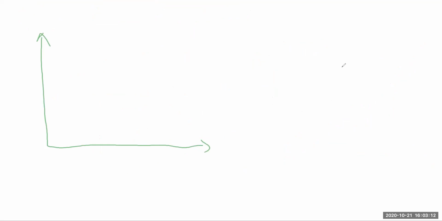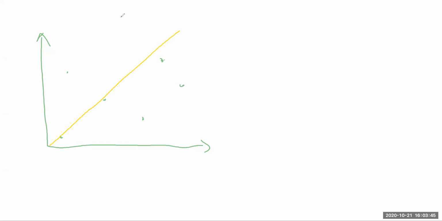Suppose instead of going with a complex example, we have some graph. We'll keep it small and simple, and we'll say that our mx plus c line passes this way.